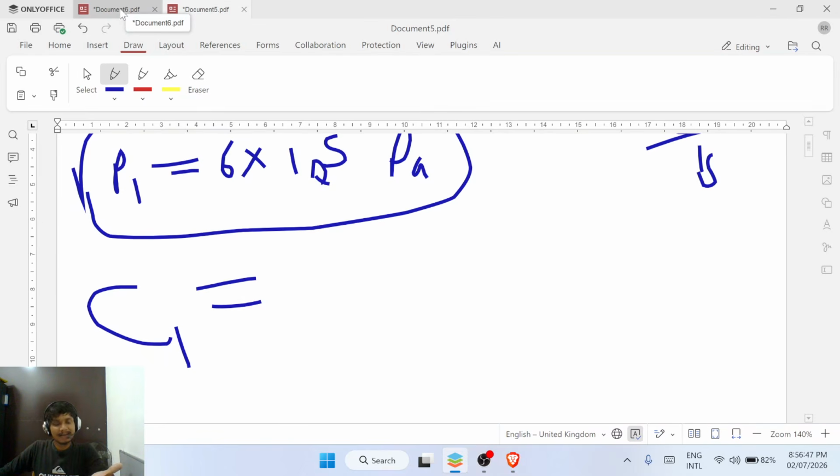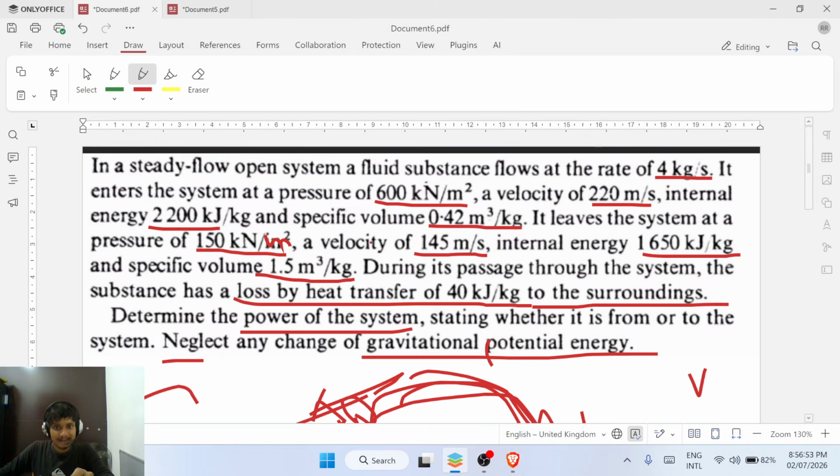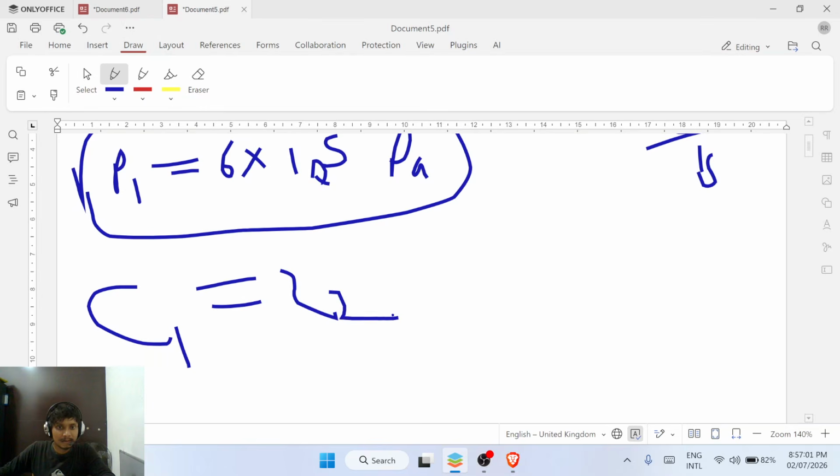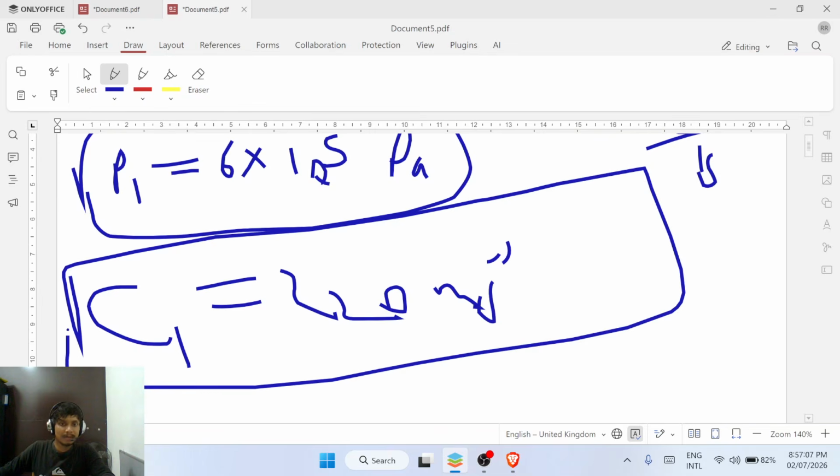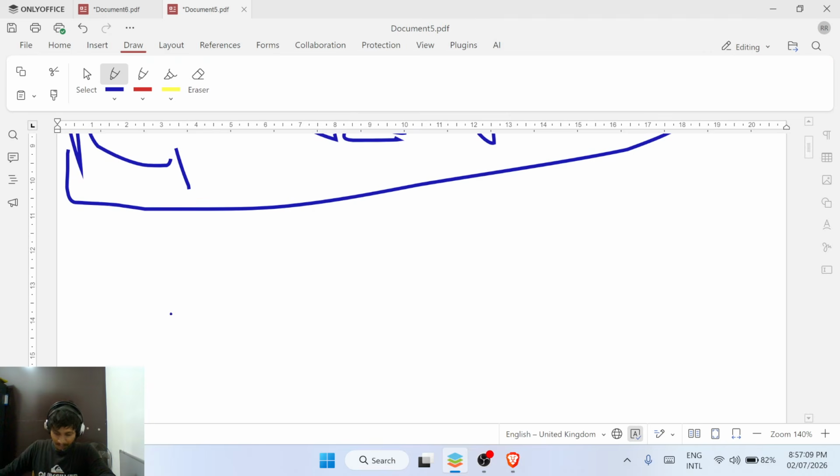We already studied this in advanced level chemistry, we used c for velocity. You may remember. Therefore, C1 is equal to 220 m s^-1, 220 meter per second.